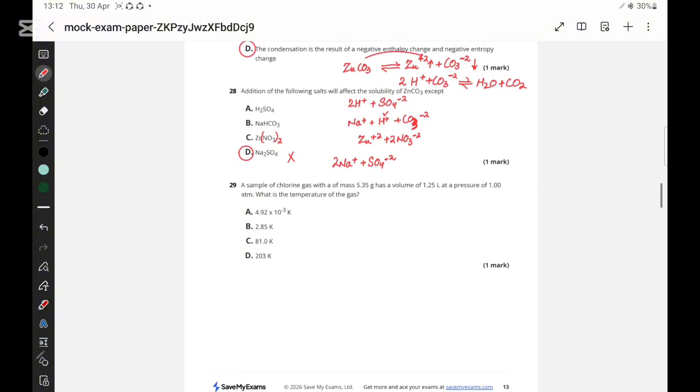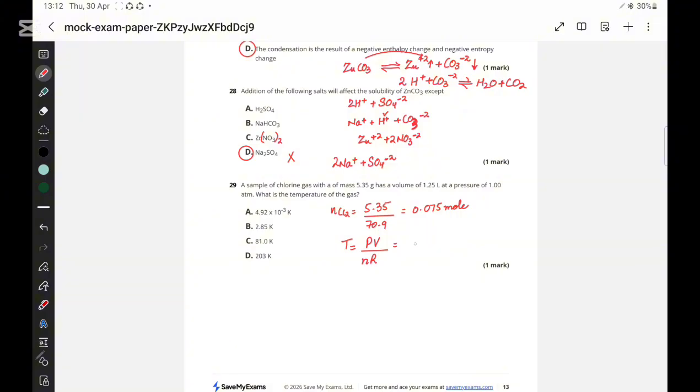Then for question number 29, a sample of chlorine gas with a mass of 5.35 grams. Moles of Cl2 is equal to mass 5.35 divided by molar mass, which is 70.9, and that is equal to 0.075 mole. If we want to find temperature, it is equal to PV over nR.